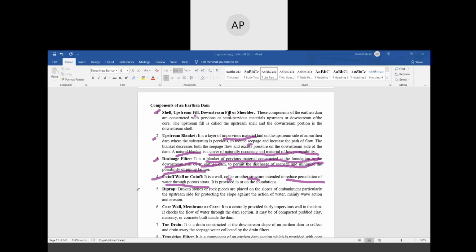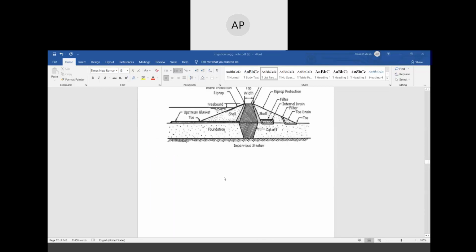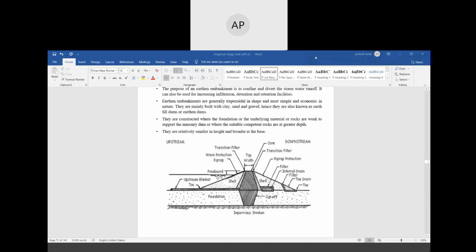The next is riprap. What is a riprap? Broken stones or rock pieces are placed on the slopes of the embankment. Let me see which portion is the riprap portion. This portion is the riprap portion.